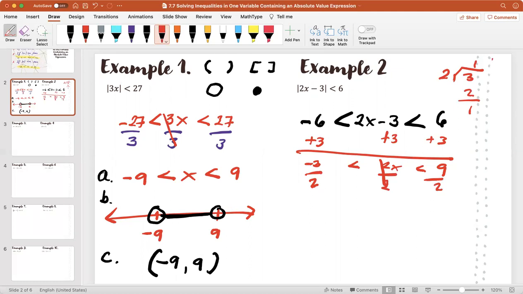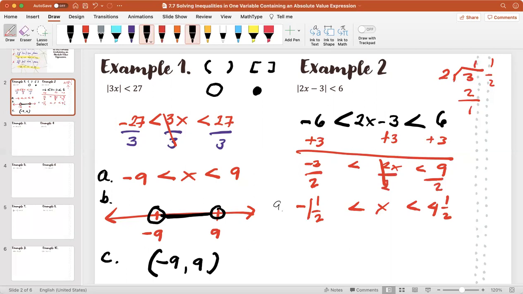Remainder 1, so that would be 1 and 1 half. So that's negative 1 and 1 half, less than x, less than, how about 9? How many 2's in 9? We have 4 and 1 half. That's our inequality.